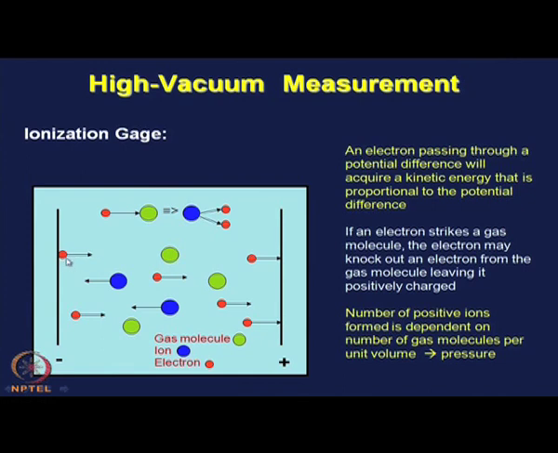If the kinetic energy of this electron is large and it strikes a gas molecule, then there is a strong possibility that this electron will knock out a secondary electron from this gas molecule and this gas molecule will be converted to a positively charged ion.